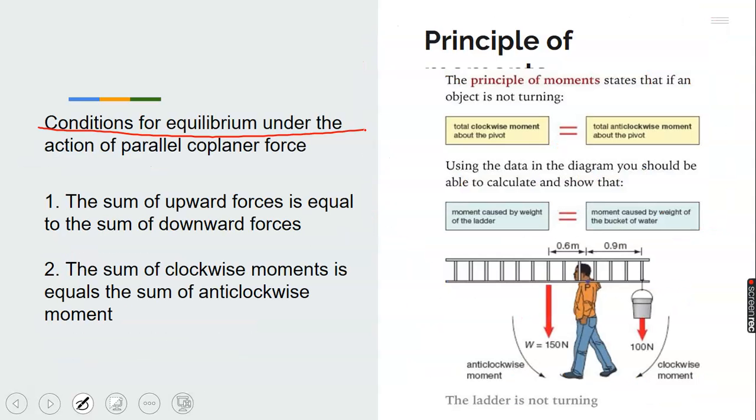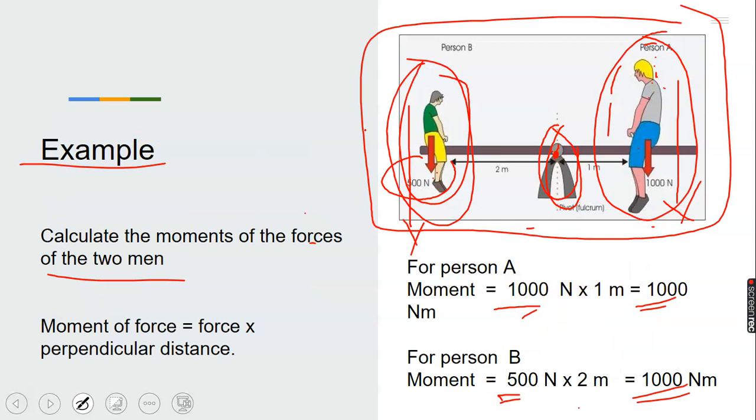Now, to achieve that equilibrium state, the sum of upward forces is equal to the sum of downward forces. That is, the weight of these men is facing down. Now, the reaction of this middle point is upward.